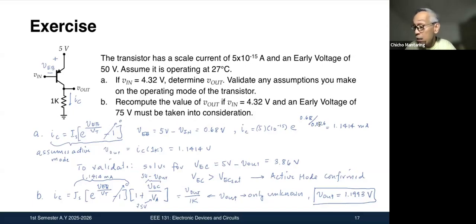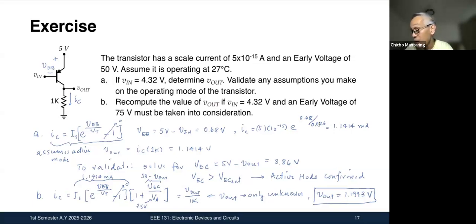Why was it not used in A? In A, I told you to solve A the way you would have solved it without knowing about early effect. In other words, basically disregard the early effect.